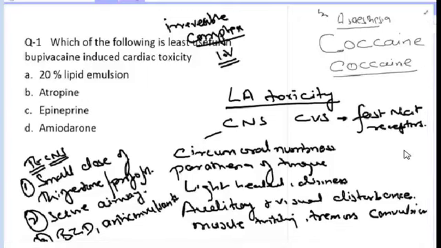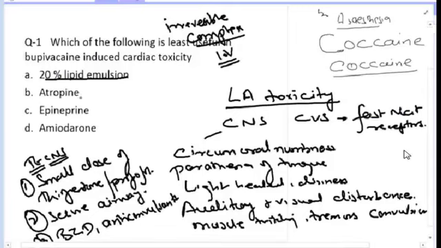Now, treatment for bupivacaine cardiotoxicity consists of 20% intralipid emulsion. What intralipid emulsion does is it makes the receptor and bupivacaine complex soluble. So, when the complex becomes soluble, the drug gets dissociated from the receptor binding site.